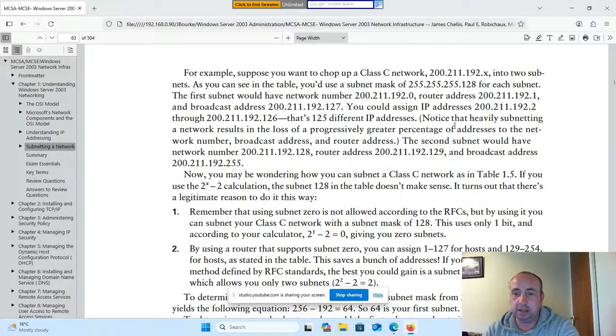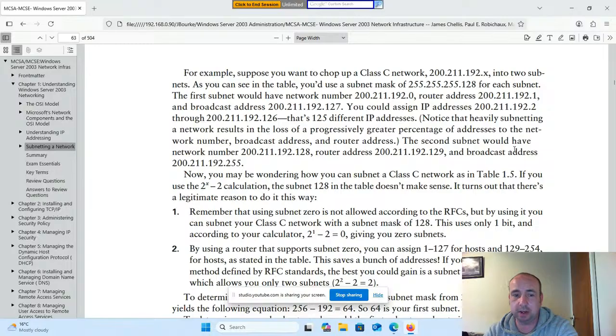Notice that heavily subnetting a network results in the loss of a progressively greater percentage of addresses to the network number, broadcast address, and router address.